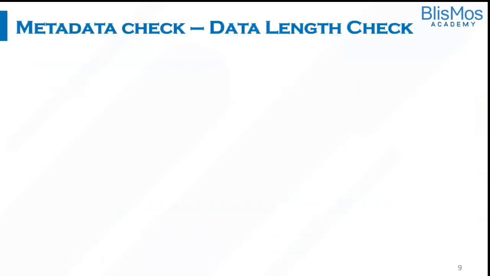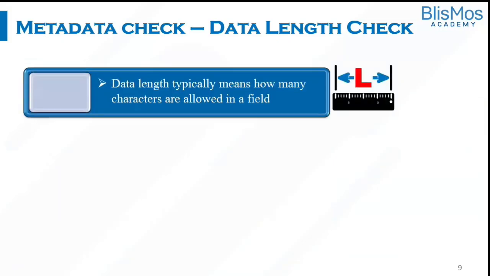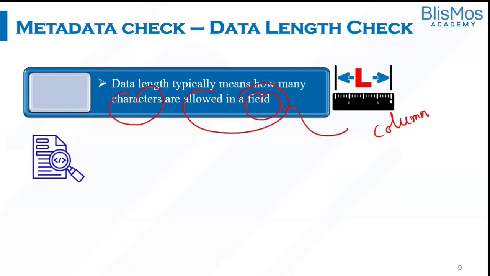Then comes the data length. What length are we talking about here? We are talking about data length, isn't it? When I say data length, it is nothing but how many characters are allowed in a field. When I say a field, I'm talking about a column again. As we have seen in the example of the customer table earlier, customer name should be only 20 characters.